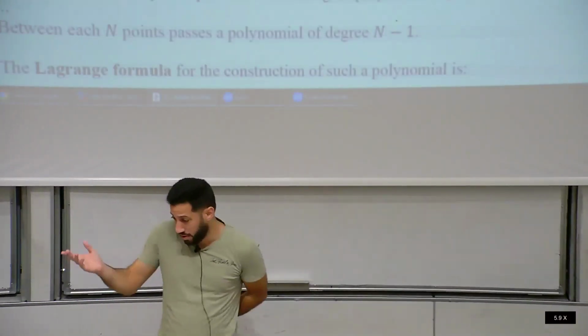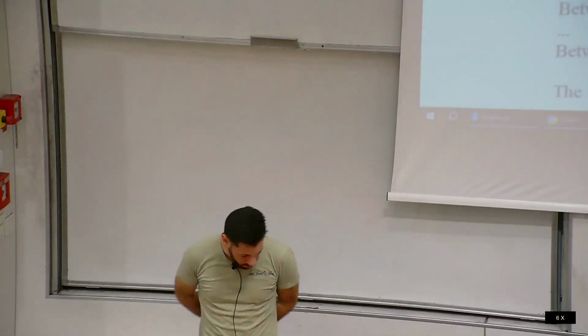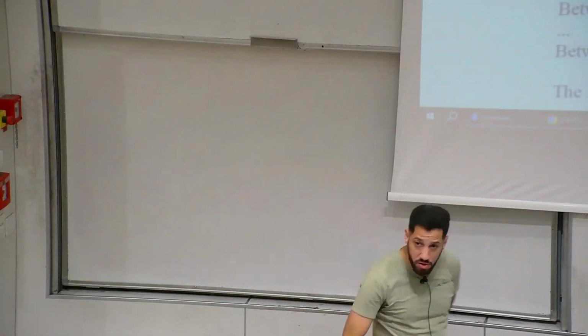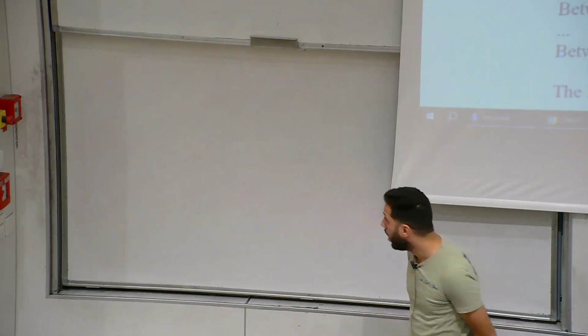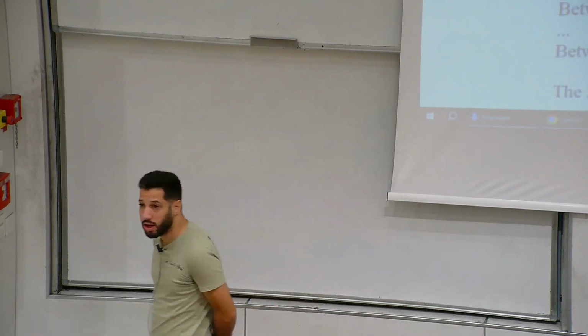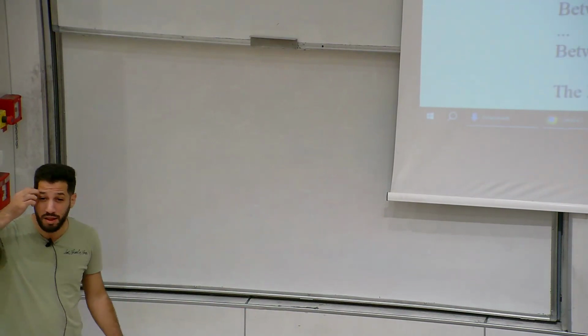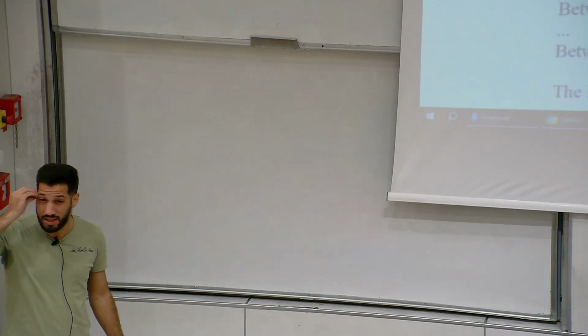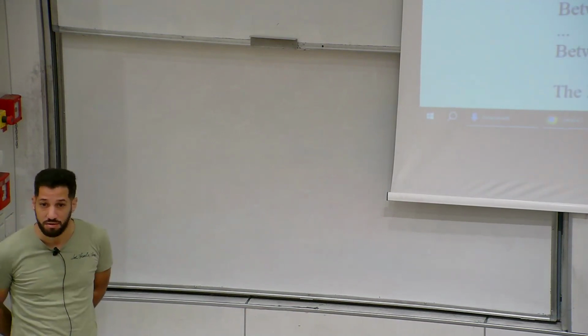So the most simple way to make this interpolation is by an n minus 1 degree polynomial, and the Lagrange way is to say, how can I get a polynomial that is 0 at each xi except one xj, for example.